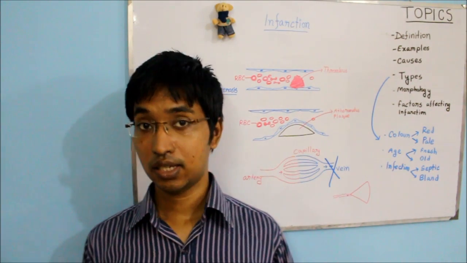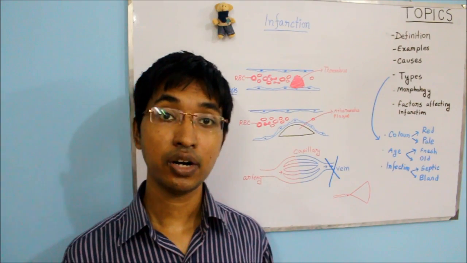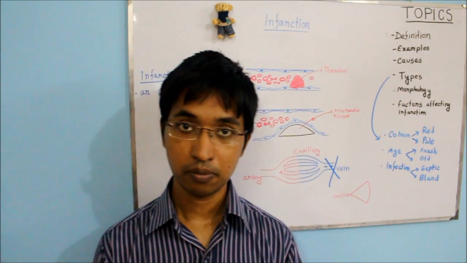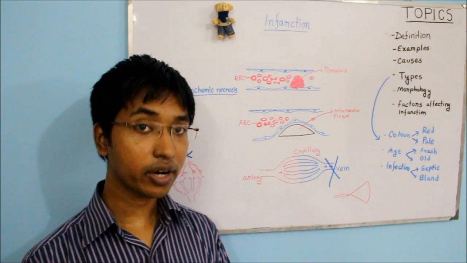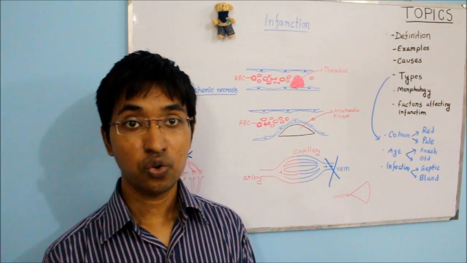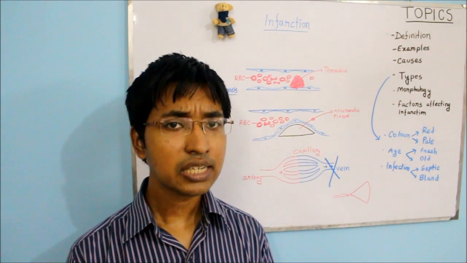So in these cases, there will be less chance of developing an infarction if one of the supplying blood vessels is occluded. Now compare that with organs that have end arterial circulation, for example the kidney and the spleen.